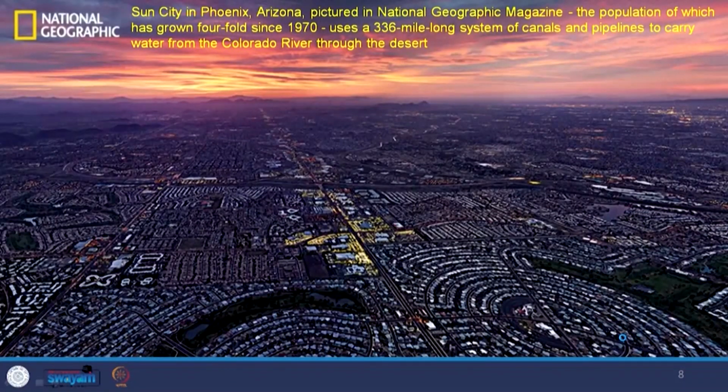This is an image of Sun City in Phoenix, Arizona, where it uses a 336-mile long system of canals and pipelines to carry water from the Colorado River through the desert to feed only this city, Sun City in Phoenix, which houses a large population, which further consumes a lot of water, which is being brought to the city from a large distance.